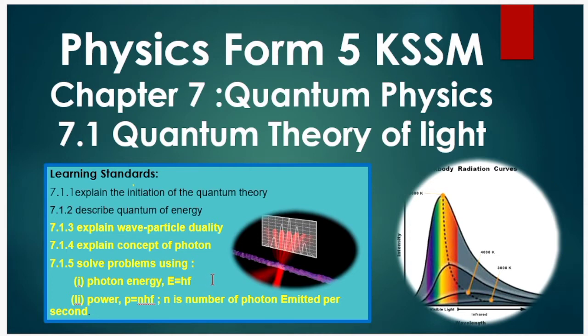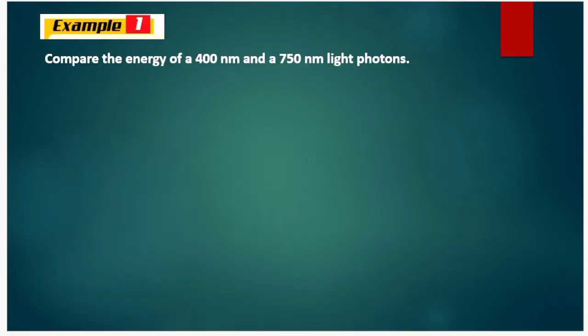In my previous video, I discussed that quantum of energy is a discrete energy packet and not a continuous energy. According to Max Planck and Albert Einstein quantum theory, light energy exists in the form of an energy packet known as a photon. The photon energy is directly proportional to the frequency of light.